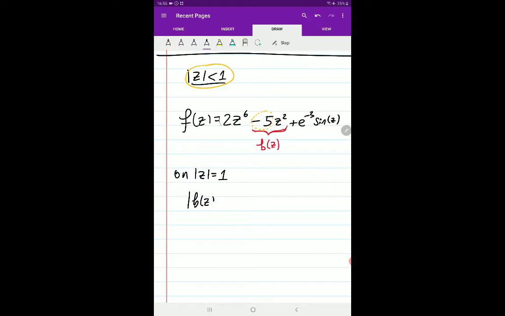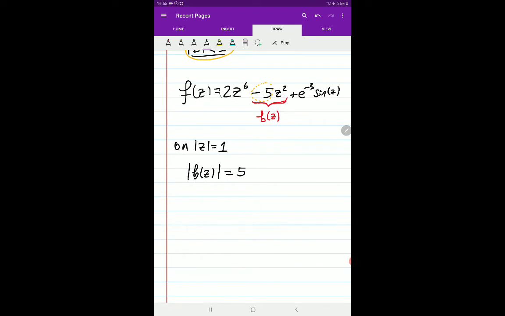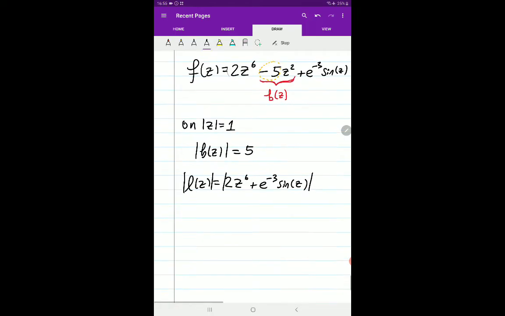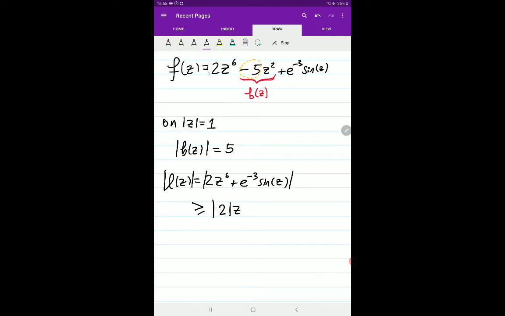So the absolute value of b of z is equal to 5. So we've got to show that L of z is less than 5. Okay, so L of z is 2z squared plus e to the minus 3 sine z. Well, I can use the reverse triangle inequality, right?